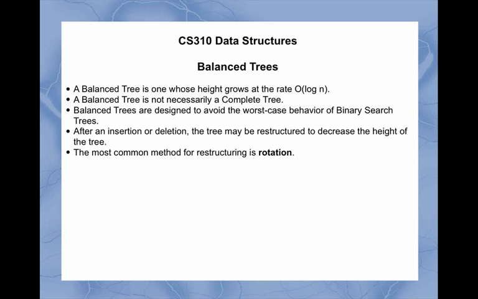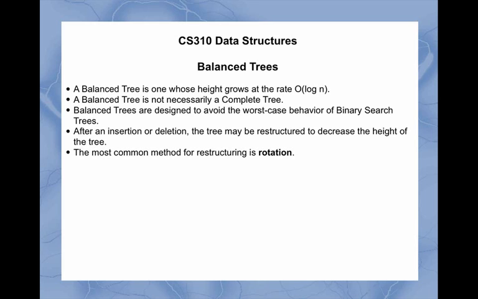However, the worst case behavior, which occurs when you insert things in order or in almost sorted order, descends to big O of n, and the difference between big O of log n and big O of n is rather dramatic. Big O of n is much worse than big O of log n. Therefore, balanced trees are designed primarily to avoid this worst case behavior.